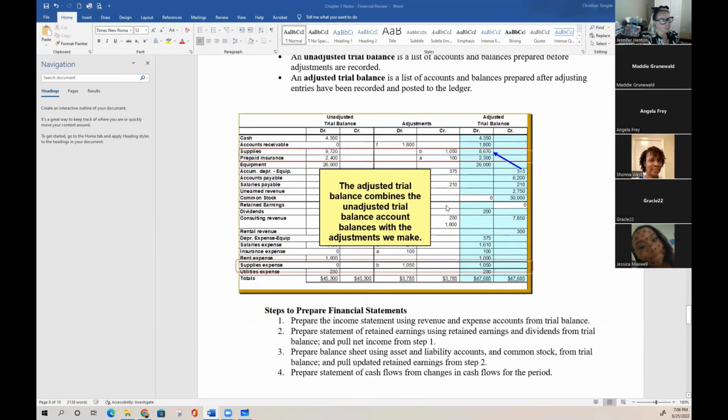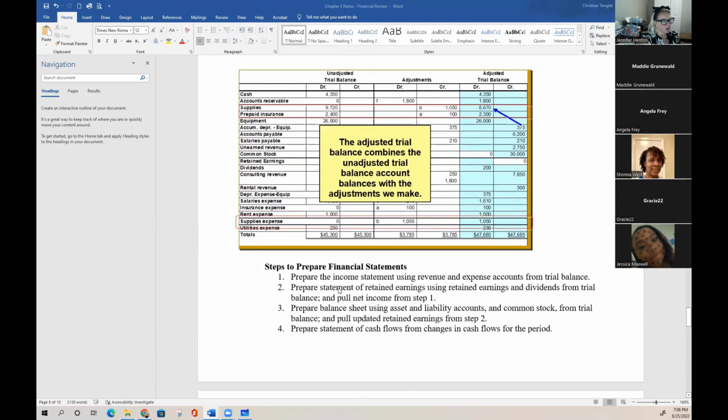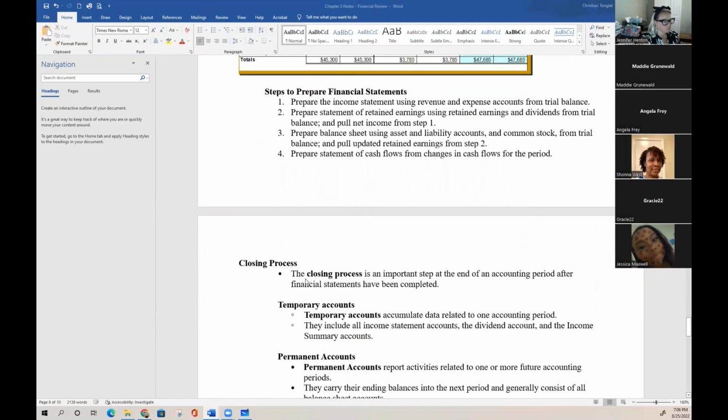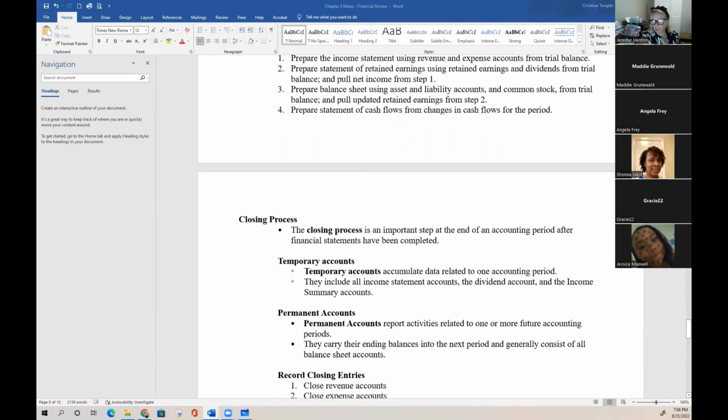I'm not going to ask you to do anything like this where you have to make adjustments on the test. We're not going to do that where you have to put it on the trial balance. I think the only thing I had on there was what I had told you about, which was knowing how to come up with net income, looking at some accounts, and knowing what the accounts are. It's not going to be anything too complicated.